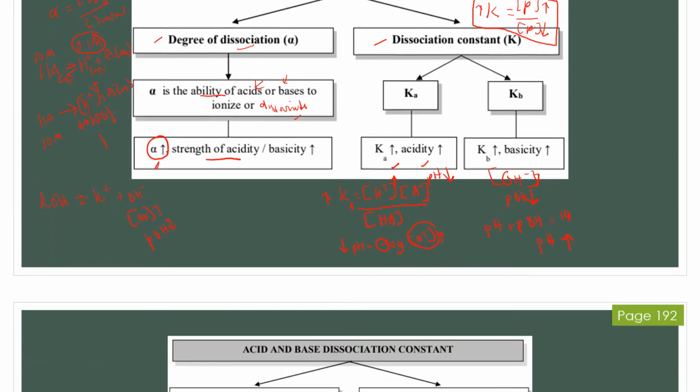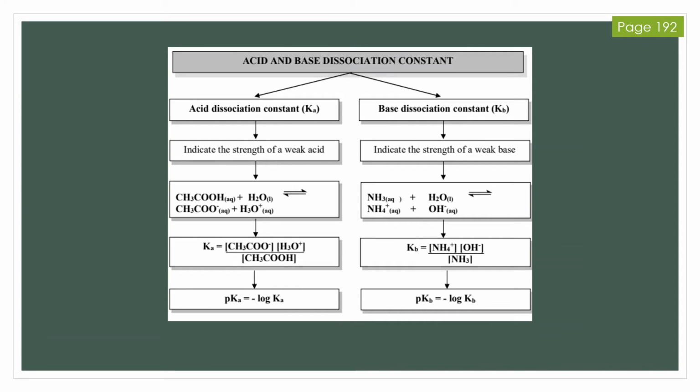Now we move to the acid and base dissociation constant, specifically Ka for the acid and Kb for the base. They indicate the strength of the weak acid and the weak base. The example here is ethanoic acid.